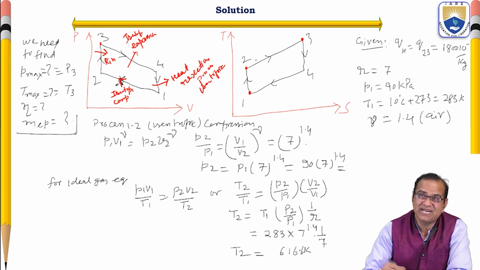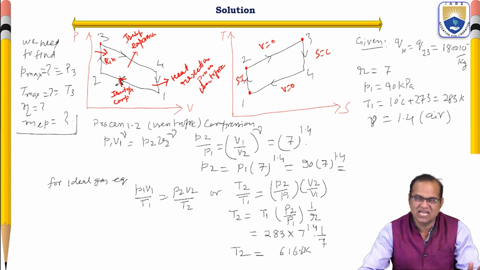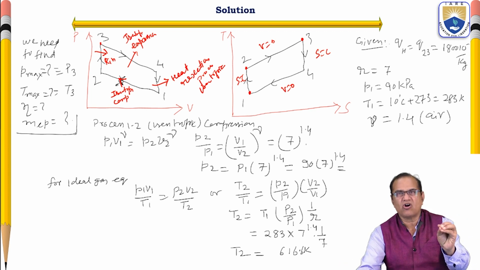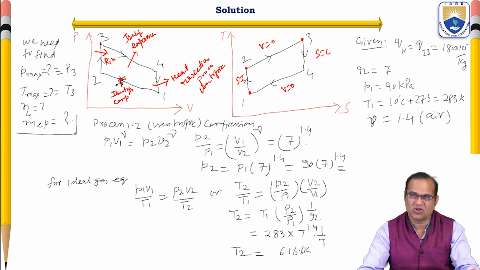Now it is expanded. Here S is constant, and here S is constant. This is V constant, and here also V is constant. This is isochoric. So in this Otto cycle, we have 2 isochoric processes and 2 reversible adiabatic or isentropic processes.